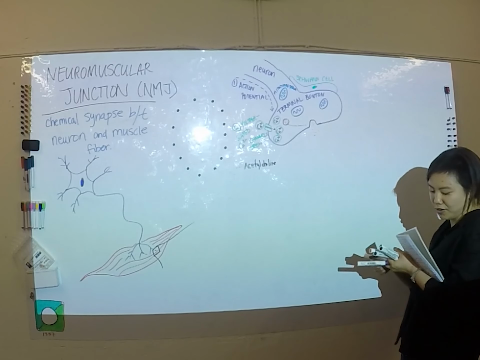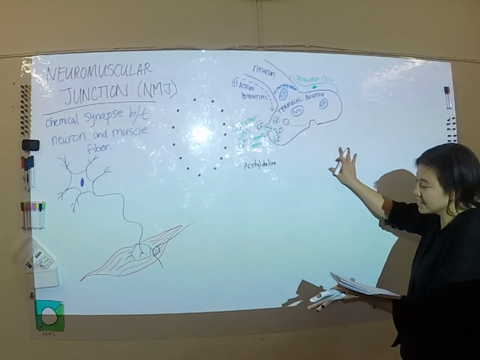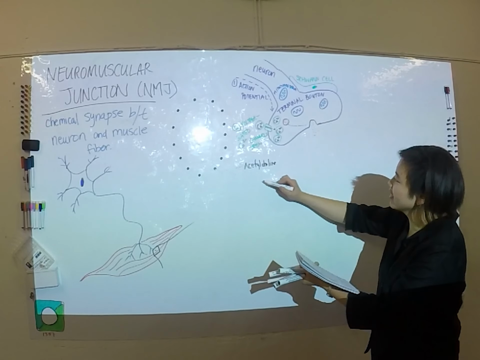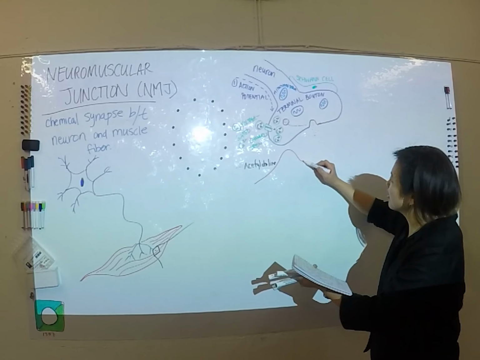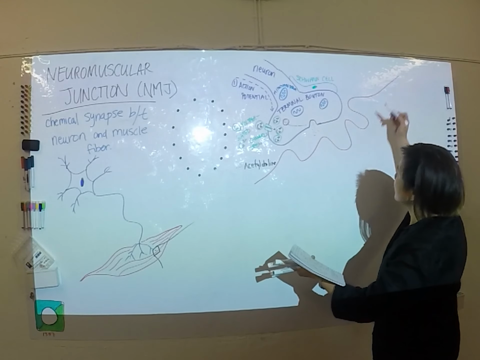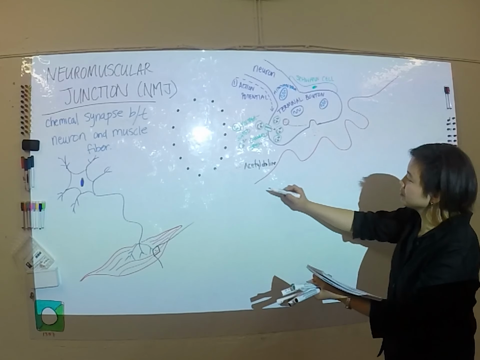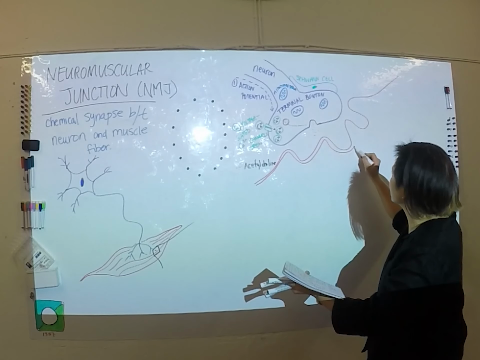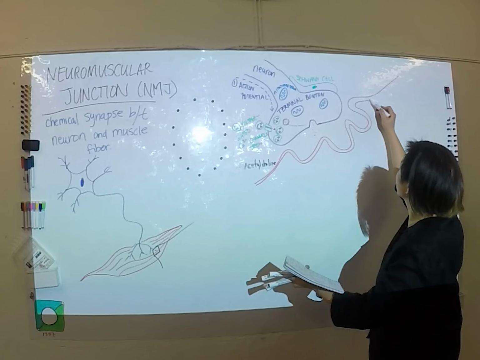Oh, and we did not even draw the muscle fiber underneath. What does it look like? Well, this muscle fiber has a bunch of folds right at the neuromuscular junction, okay?